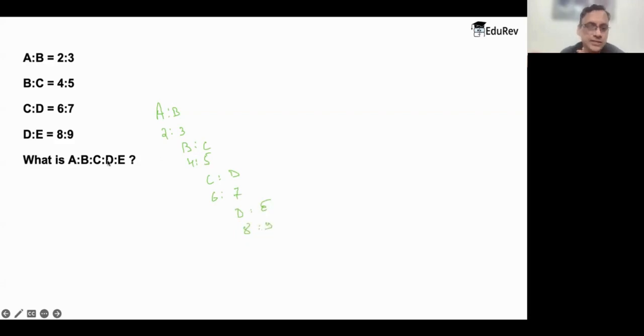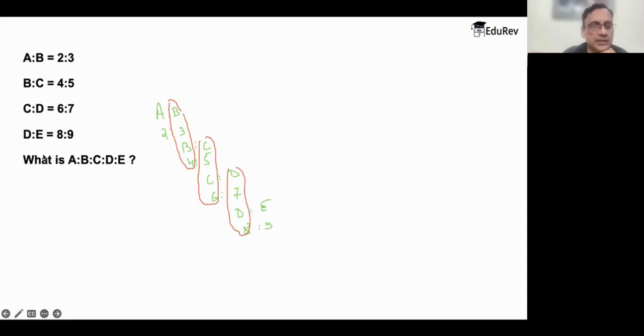Okay, you can see here what is common. You can see here B is common, C is common, and D is common. So our method remains same that we did in the previous question. The only thing is here, it will become slightly iterative. You'll have to do the same thing multiple times because you'll have to keep adjusting it.